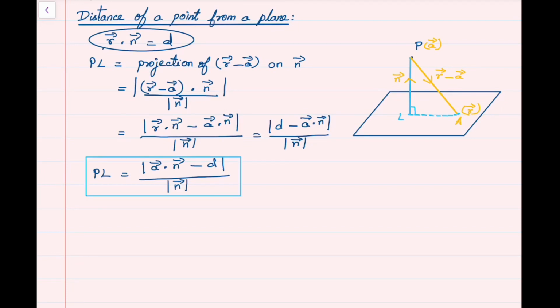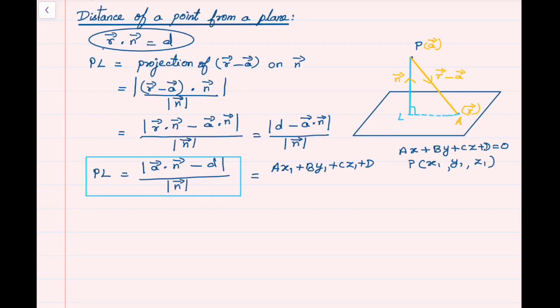Let us write the corresponding Cartesian formula. Let the Cartesian equation of the plane be Ax plus By plus Cz plus D equal to 0, and let the point P be x1, y1 and z1. Therefore, the formula becomes ax1 plus by1 plus cz1 plus d.